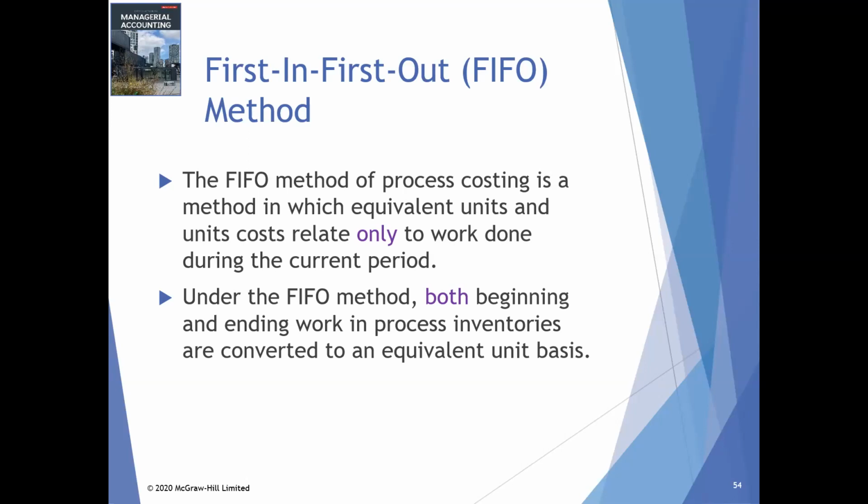Under this method, both beginning as well as ending work in process inventories, meaning stocks, are converted to the equivalent unit basis. In the weighted average method, we just calculated the closing stock, but in this case, we will calculate on the basis of opening as well as closing both.